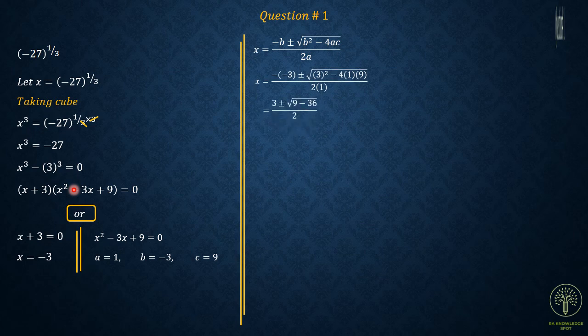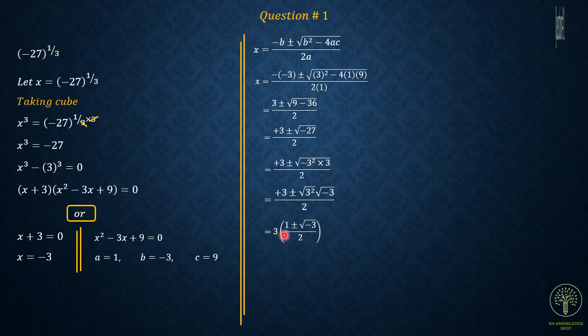Now 9 fours are 36, 3 threes are 9. After subtracting, you will get minus 27. Now further simplification: 3 times will give you 27. After separating, this will be 3. I skipped one step where you take 3 common. You will have 1 plus minus under the root 3 divided by 2.